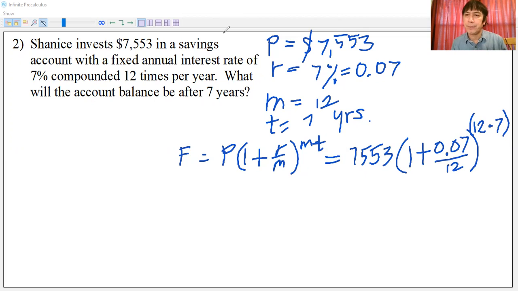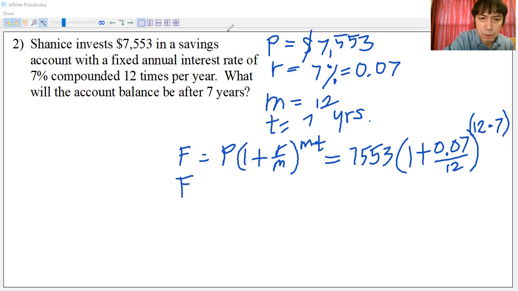So we have 0.07 over 12. 0.07, that's 7%, divided by 12, that will be 5.83 times 10 to the negative 3.